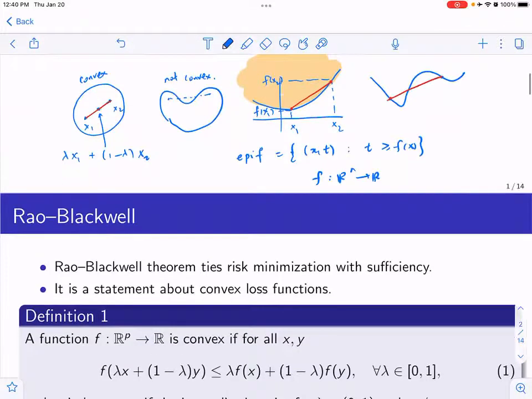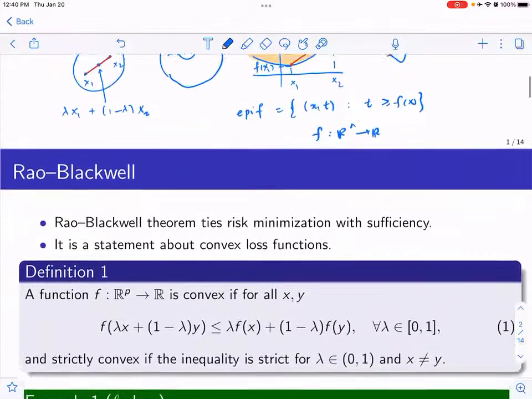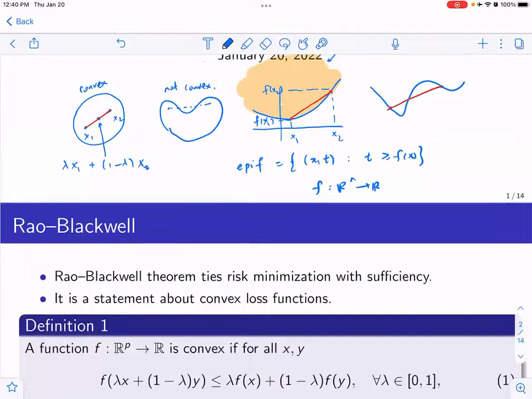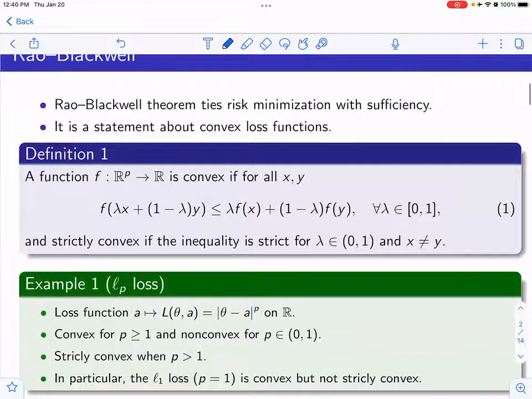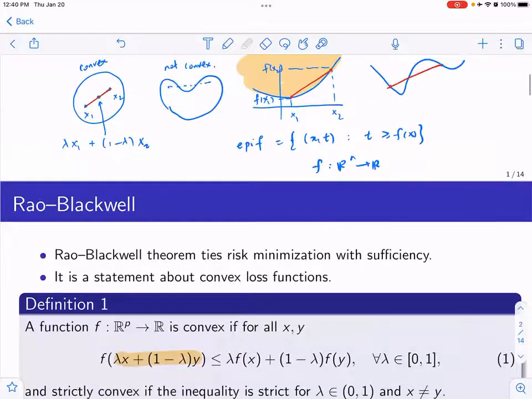So there's this nice connection between convexity of functions and convexity of sets. If you write that definition, this is a general point between x and y. These are the values of the function at those points.